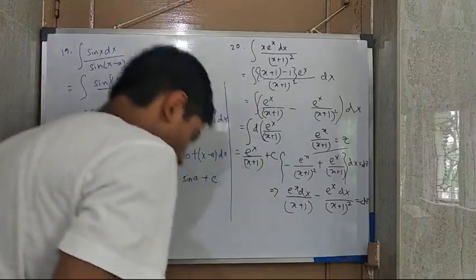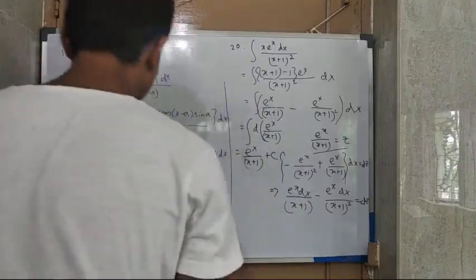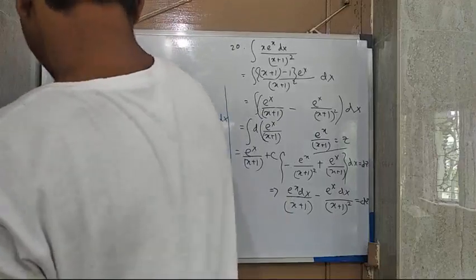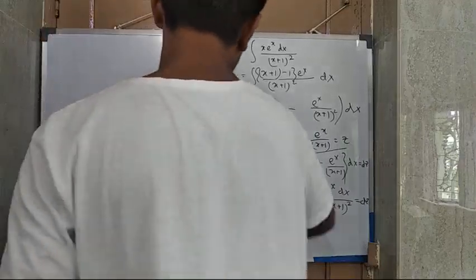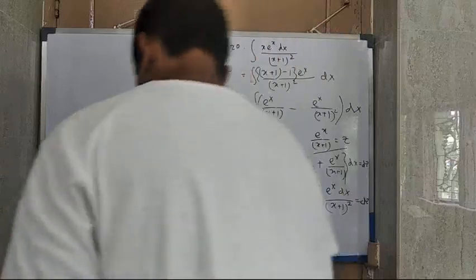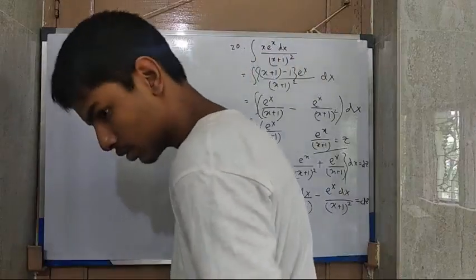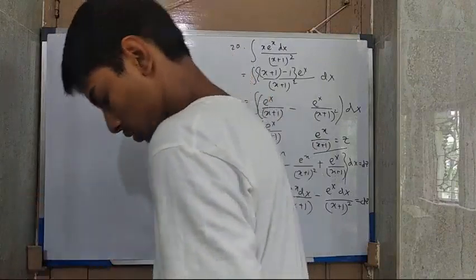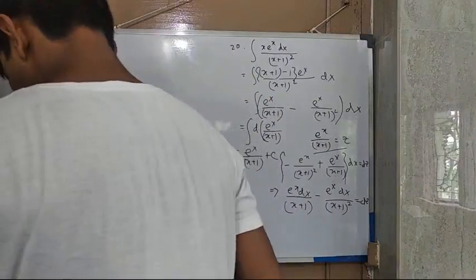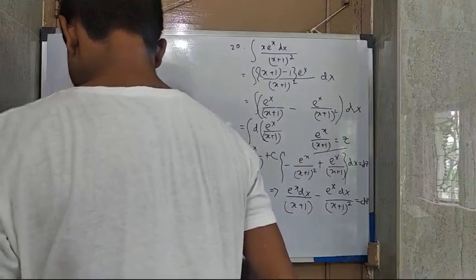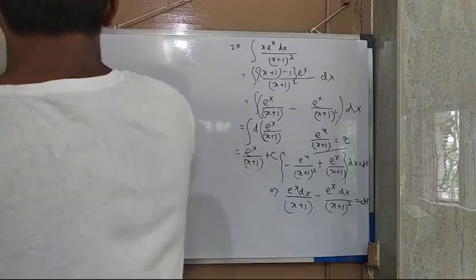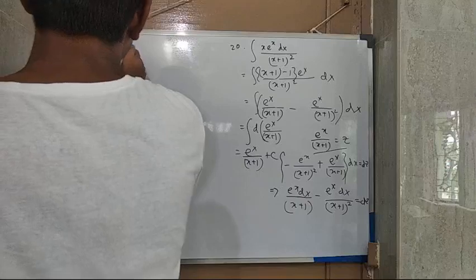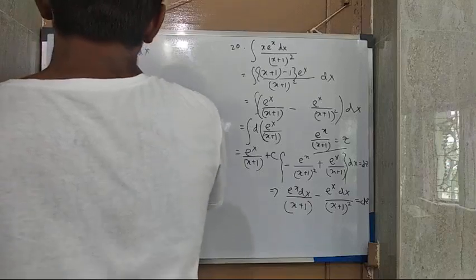Now let's proceed to the 21st question, which is the integral of x times root under (x squared plus 1) dx.